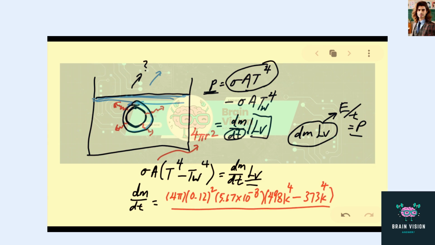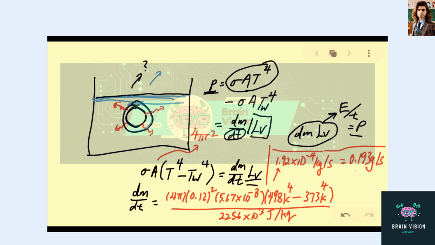Divide this by the latent heat of vaporization, which is 2256 times 10 power 3 joules per kg. And we should get 1.92 times 10 power minus 4 kilograms per second. So this is the change in the mass per second, or just 0.193 grams per second.